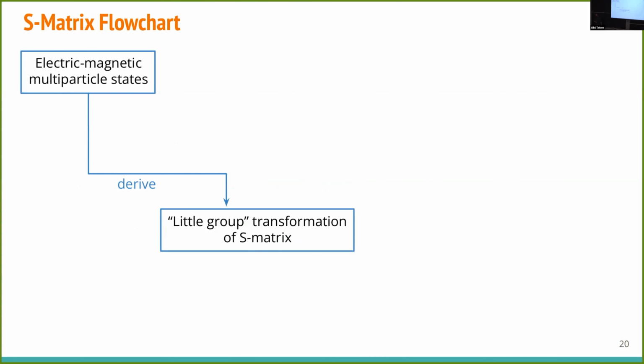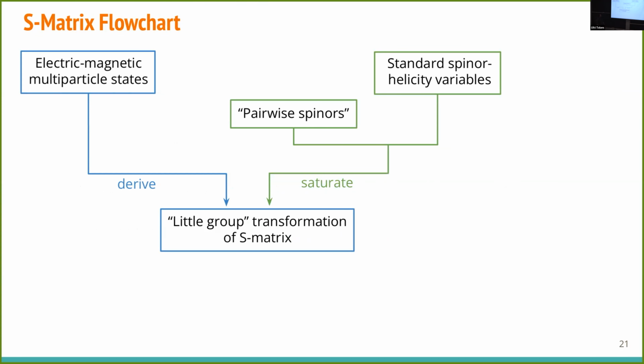Okay, so this is the map. We start with electric-magnetic multiparticle states, and get to the little group transformation of the S matrix. That gives a requirement, something that we need to saturate. So let me explain the logic here. In usual scattering, you can say I'm scattering a fermion and a scalar, 2 to 2 scattering.